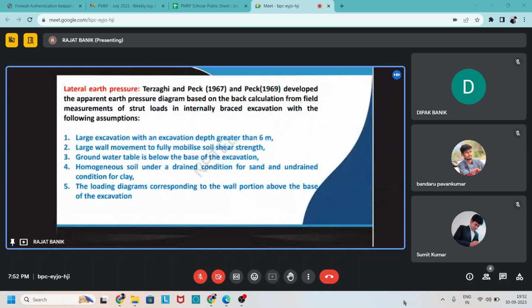Now we discuss the lateral earth pressure of this anchorage wall, and it is different from the lateral pressure of the retaining wall.